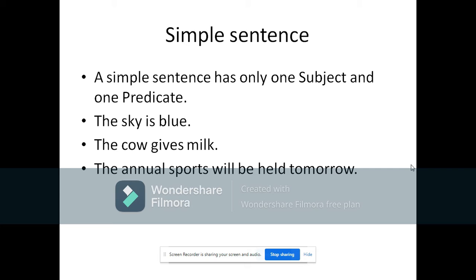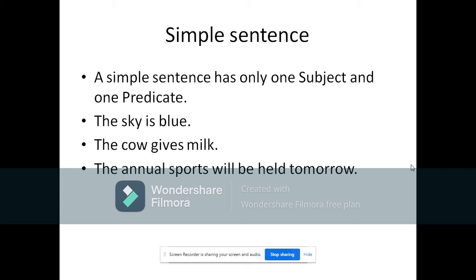A predicate means what the subject is doing or what the subject is. What is said about the subject, that is the predicate. A simple sentence will have one subject and one predicate.